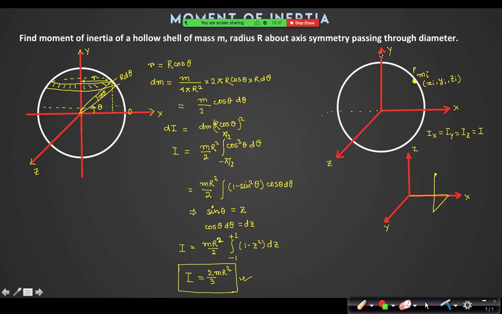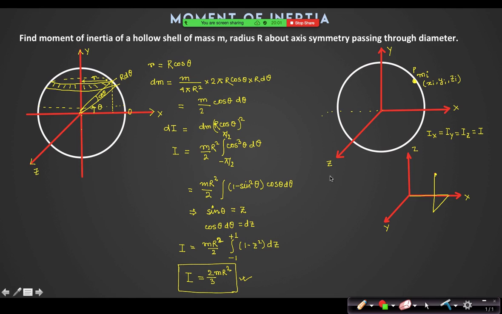Yes, sir. So Ix, Iy, Iz are the same. There is no bias anywhere. You will find the same orientation of the body and the axis everywhere. So we can apply this where we see that there is symmetry all around.